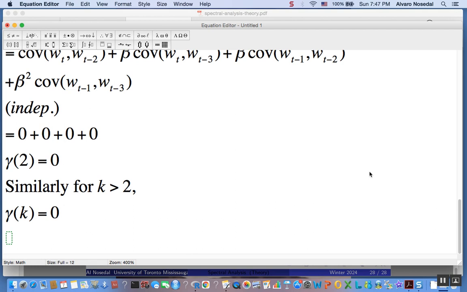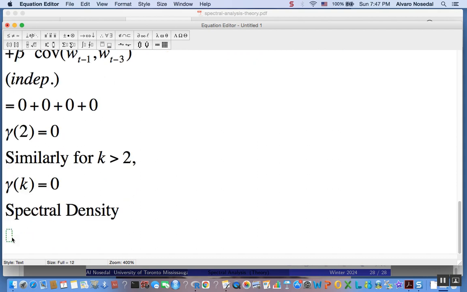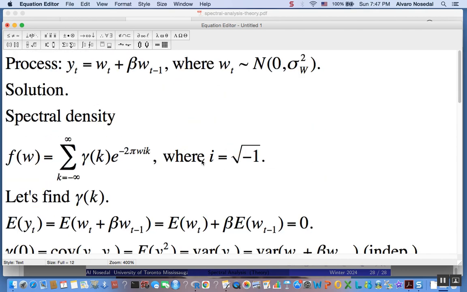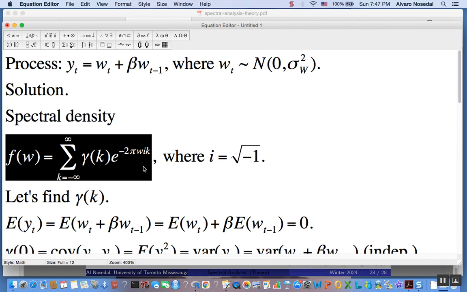So now that we have that, we could apply the definition for spectral density. Okay? So let me write that down. Now we're going to find the spectral density. So let me just copy paste the definition, and then we're going to apply it.